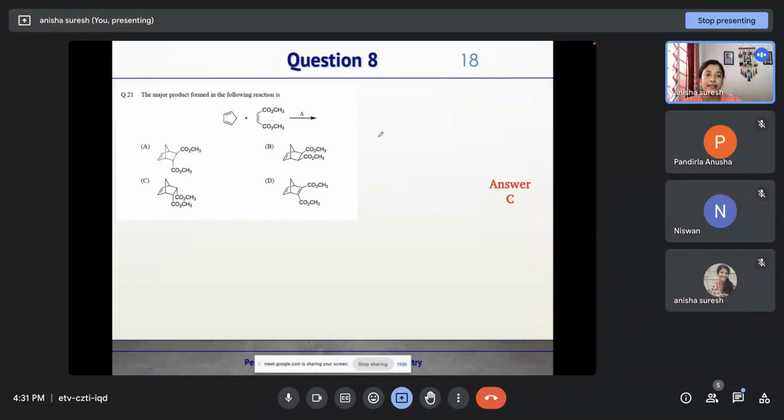So we have to consider the secondary orbital interactions of CO2Me, that is the endo rule. Because of that, the right option will be answer C.